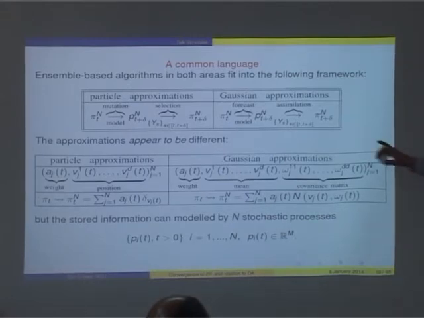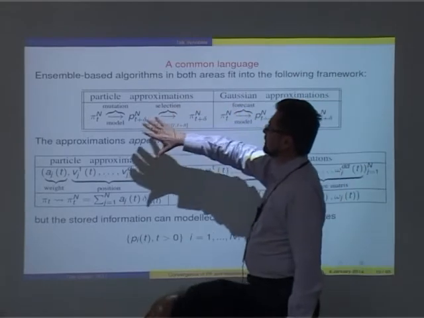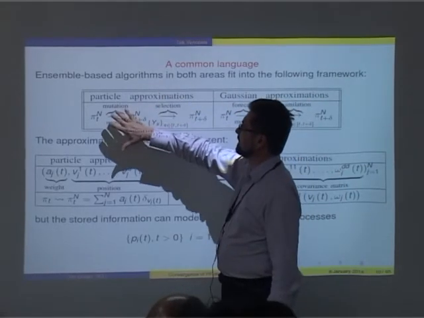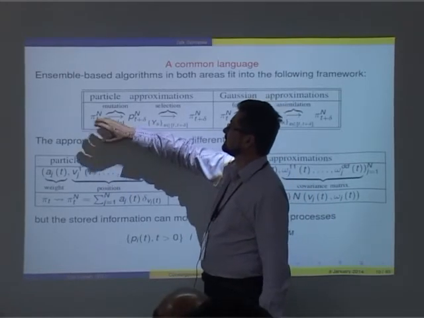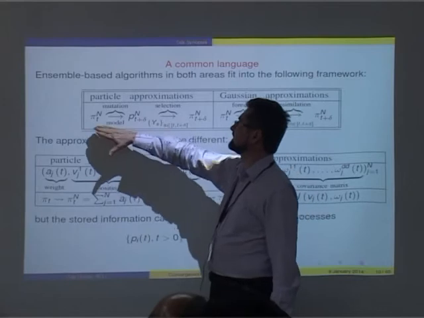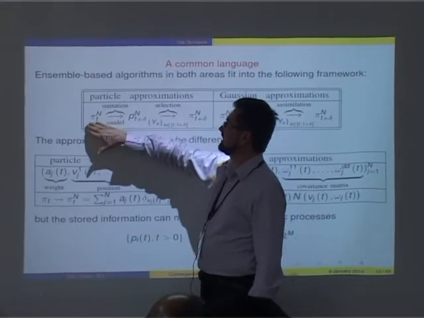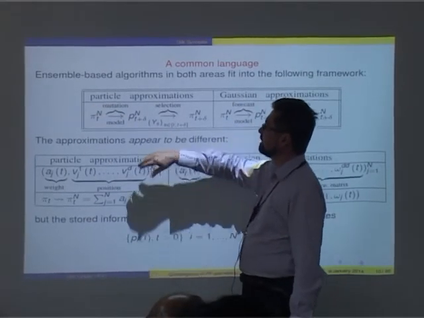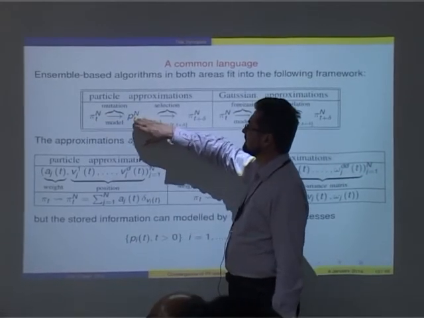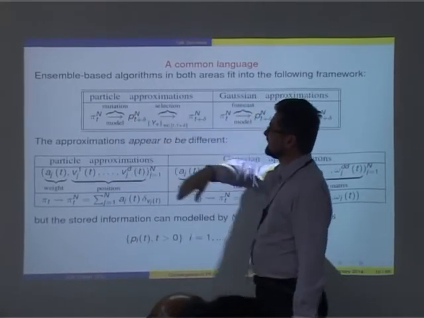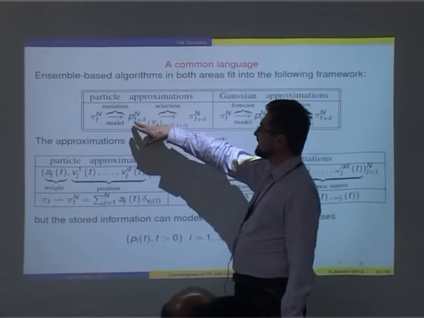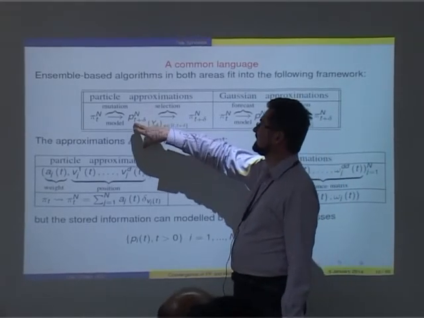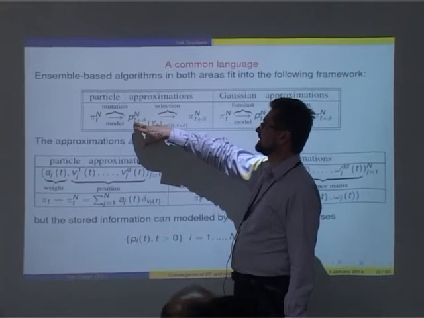So on the left-hand side, a particle approximation, a generic particle filter, the most basic particle filter, starts with the approximation at time t, and then it follows the model. The first step is sometimes called the mutation step. It follows the model to predict the conditional distribution at time t.